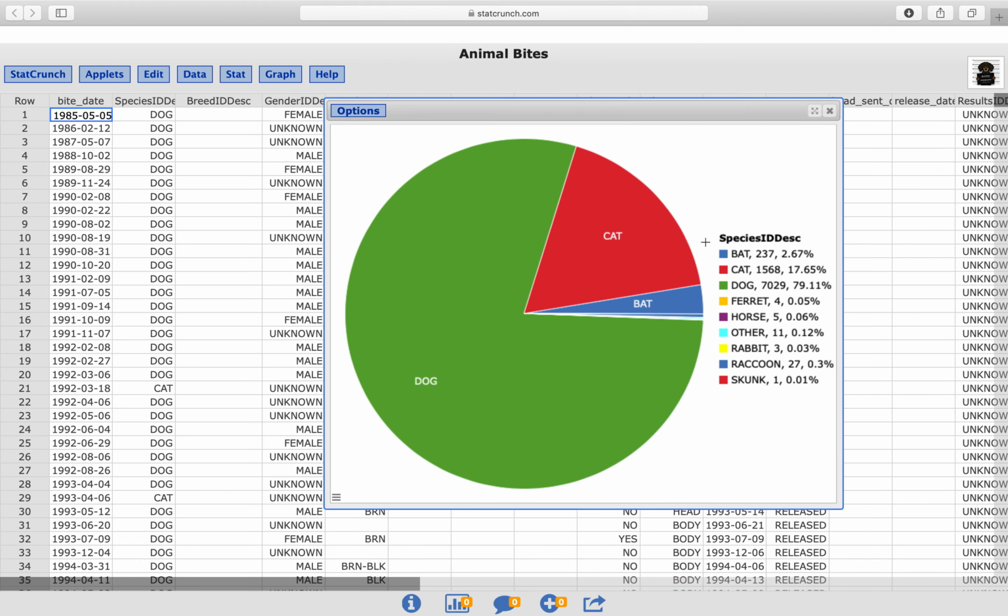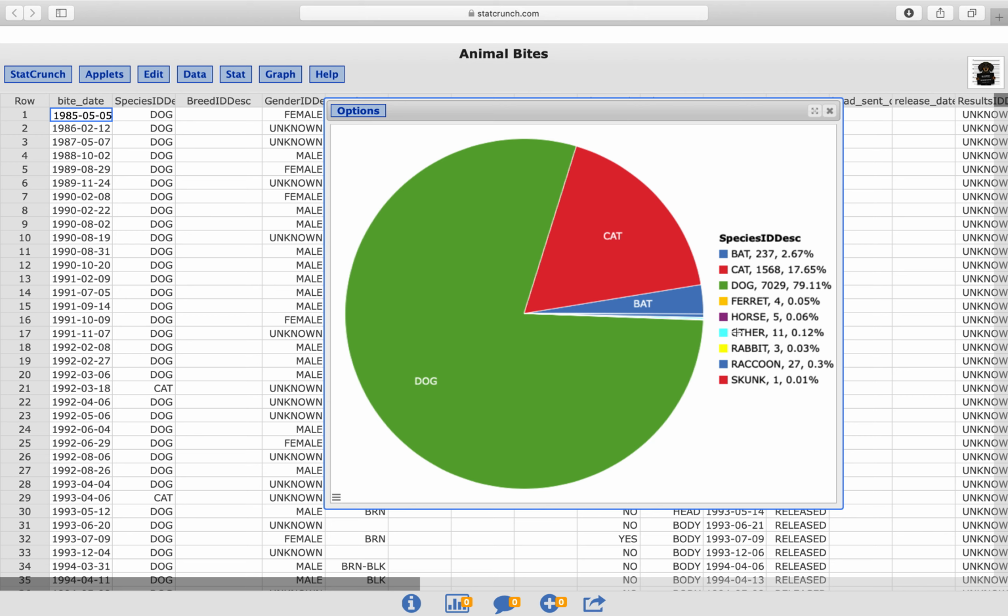We can see here that dogs were about 79% of these bites in Louisville, about 18% were cats, and about 3% were bats; 237 people got bitten by a bat. You can see there are a few ferrets and horses and rabbits thrown in there, about 27 raccoons, and one poor person got bitten by a skunk.